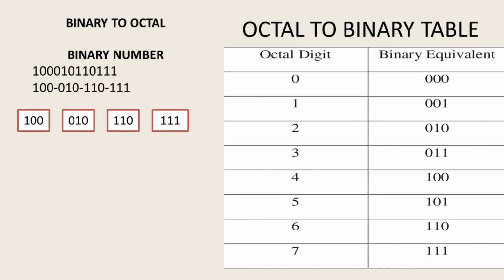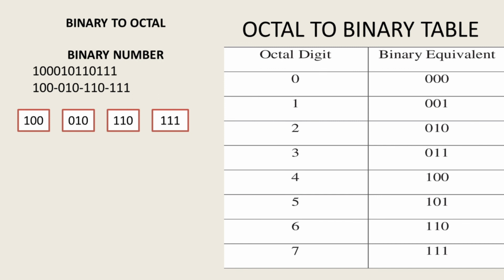We have to group it from the right hand side, not from the left hand side. So from the last digit we group it in groups of 3 digits. The first one is 111, then 011, then 010, and then 001.